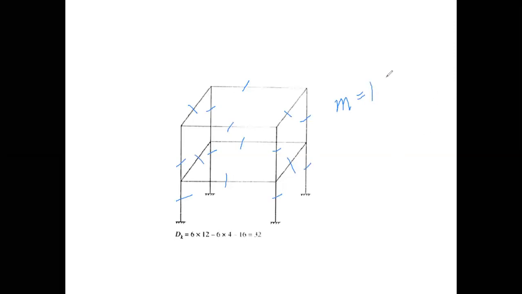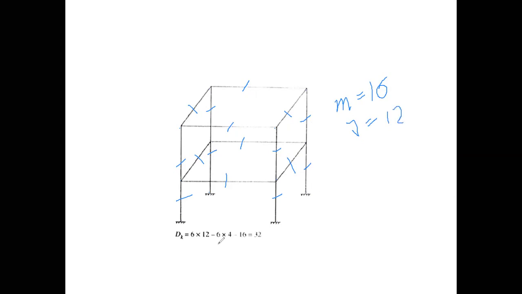Total 16 members are here. The total number of joints in this case is 1, 2, 3, 4, 5, 6, 7, 8, 9, 10, 11, 12. So the total number of joints is 12 in this case.